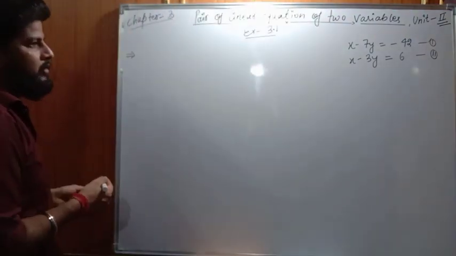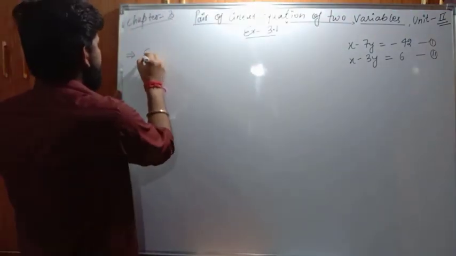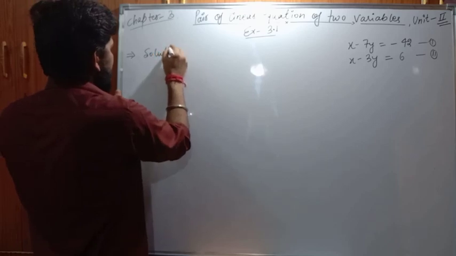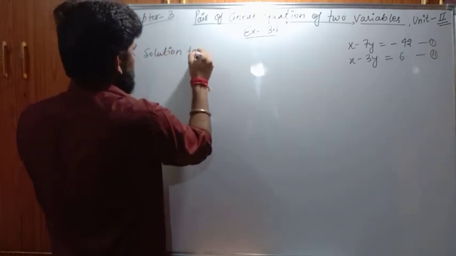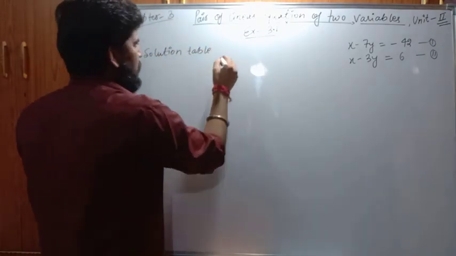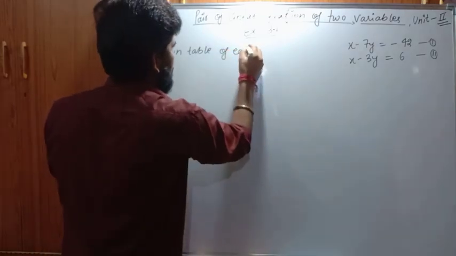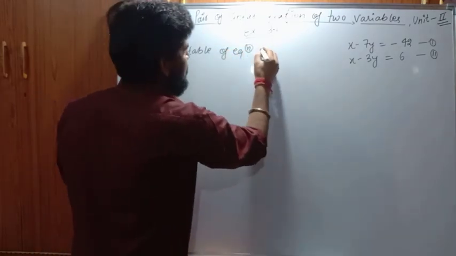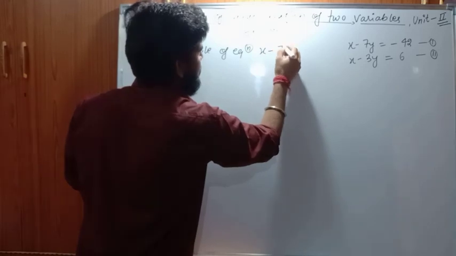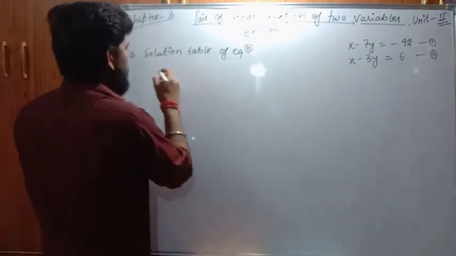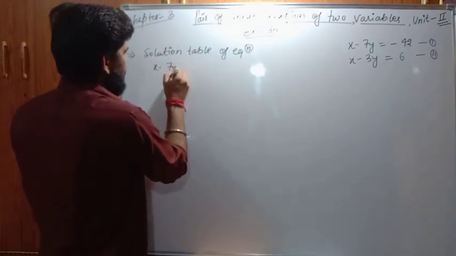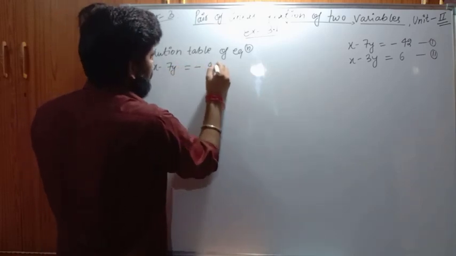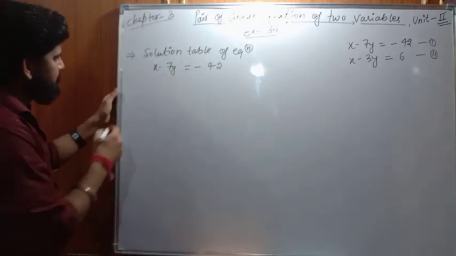So how to make a solution table? So first, the solution table of equation. First is x minus 7y equals minus 42. Okay.